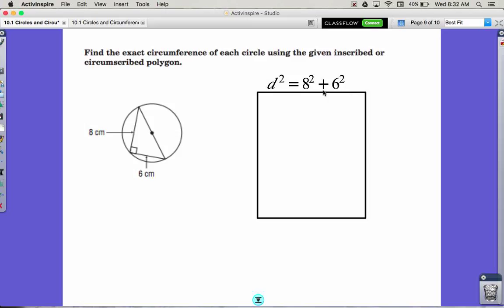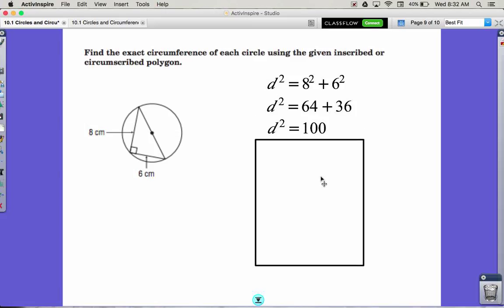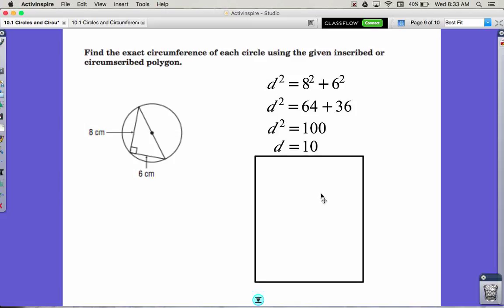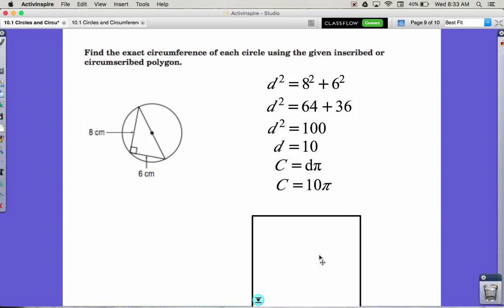So diameter squared equals 8 squared plus 6 squared. So diameter squared equals 64 plus 36. So diameter squared equals 100, and the square root of 100 is 10. So my diameter equals 10. So the circumference is going to be the diameter times pi, which means that my circumference is going to be 10 pi. And we're going to leave it like that because it says to leave it as an exact circumference.